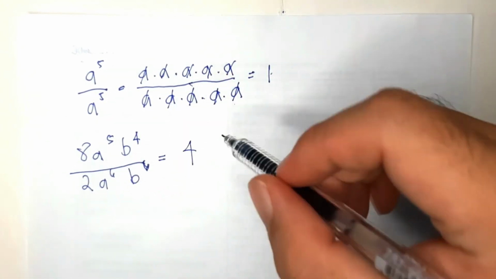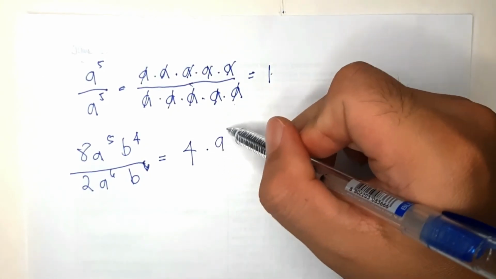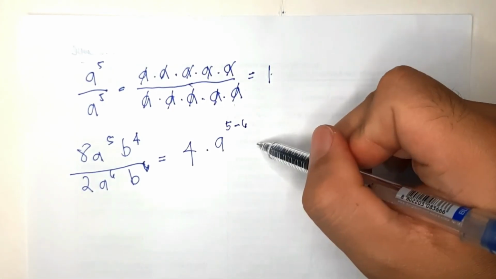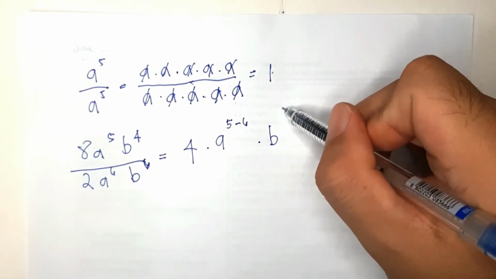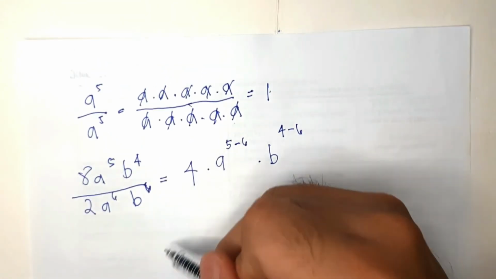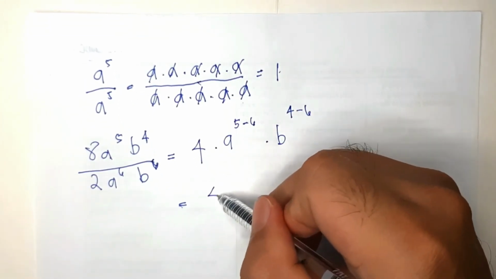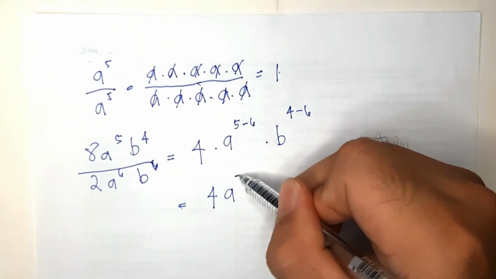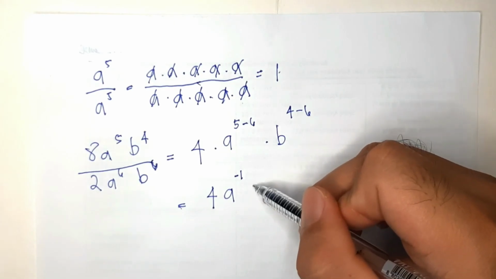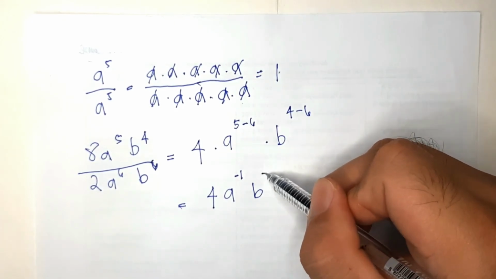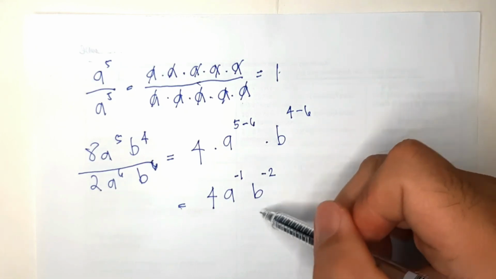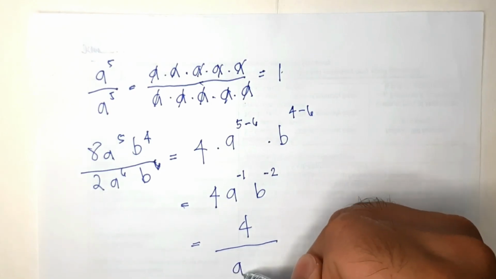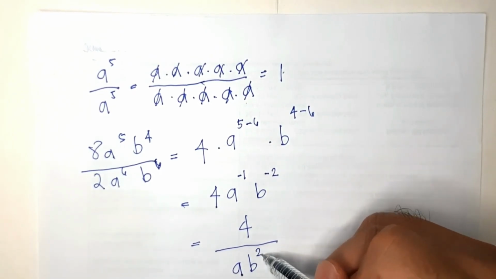And then let's go on here, times a, 5 minus 6, times b, 4 minus 6. So the result here is 4a to the negative 1, b to the negative 2. So if that's the case, we can write it as 4 over a b squared.